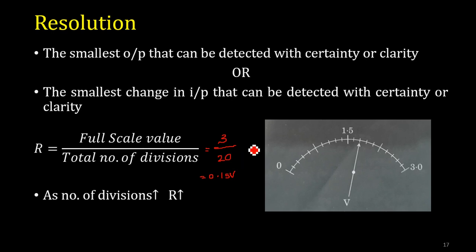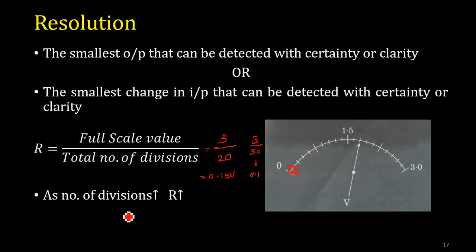Suppose instead of 20 you had 30 divisions, so the resolution will be 3 divided by 30. In such a case your resolution will be 0.1. So you are able to show 0.1 in this particular reading. Or you can say that it is the smallest division that is there in this particular scale, 1 division.